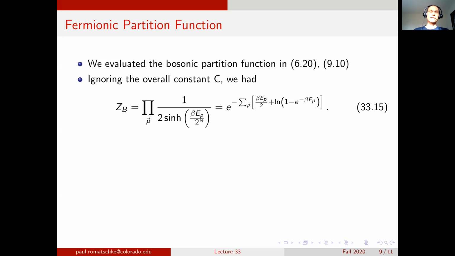And if we write this sine hyperbolic in terms of exponentials, we can rewrite this not as a product over exponentials, but as an exponential of a sum of the individual components here, beta E_p over 2 plus the logarithm of 1 minus e to the minus beta E_p, which was given in these earlier lectures.